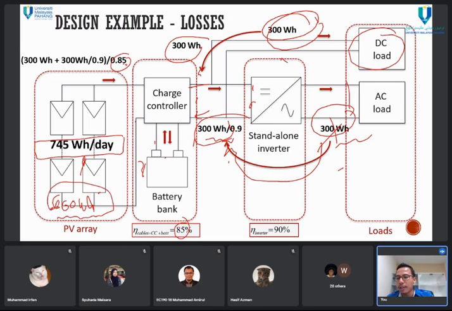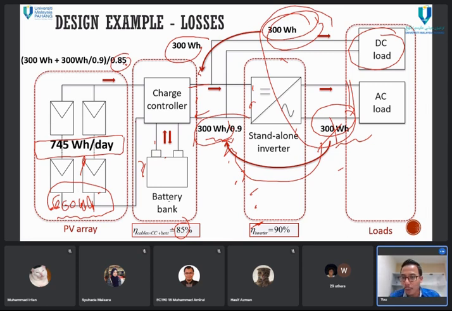If we only supply 300 watt hours, then there is going to be a problem, the same problem the newbie brothers have. They say, oh, the battery is not enough, my system is shutting down, maybe we need to add more battery capacity. Actually, that's not the problem. It's about us. We don't calculate, we don't consider this kind of efficiency, this kind of losses. We only assume 300 watt hours, but actually it's more than that when we consider the whole system.